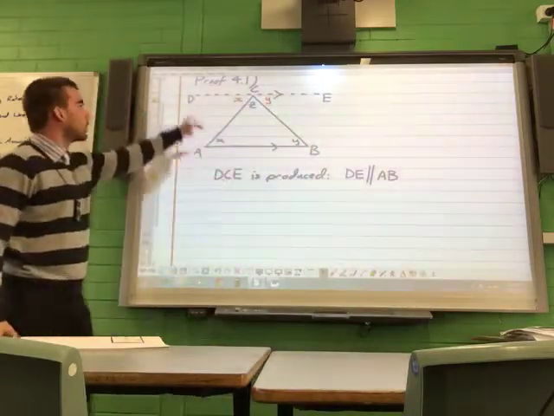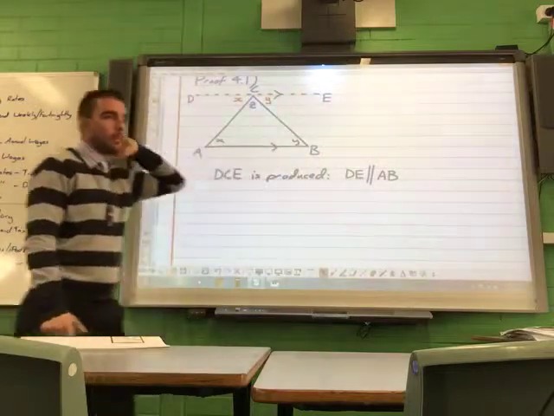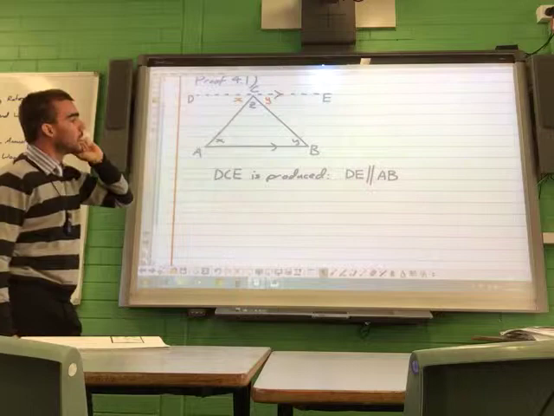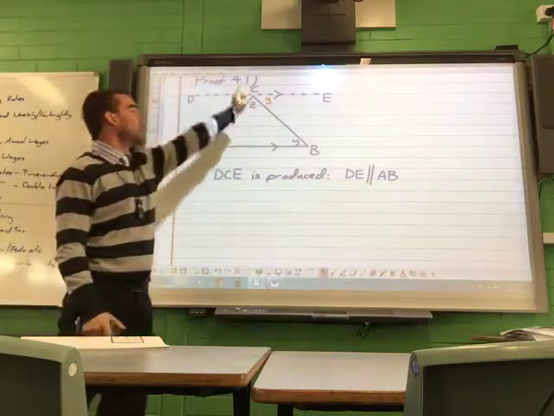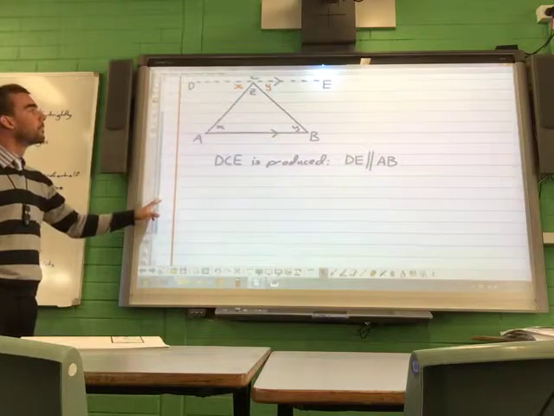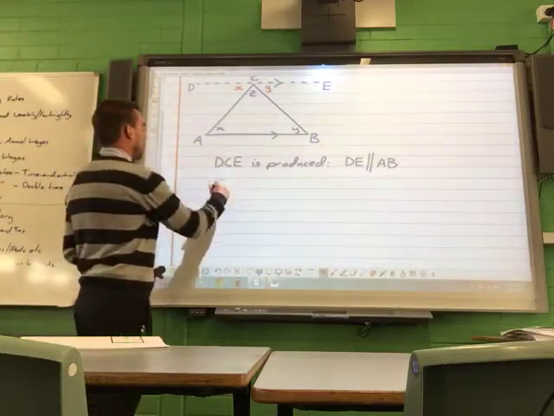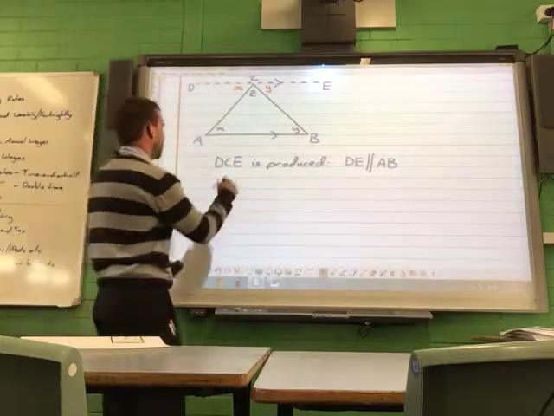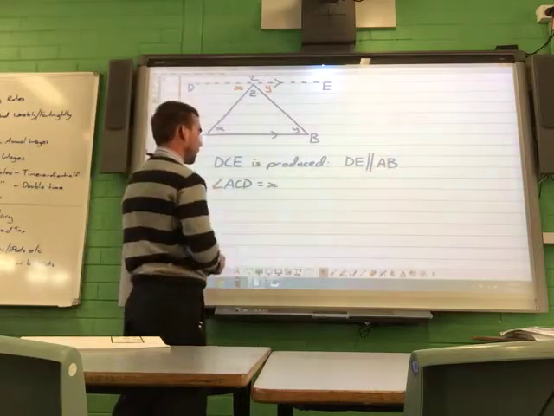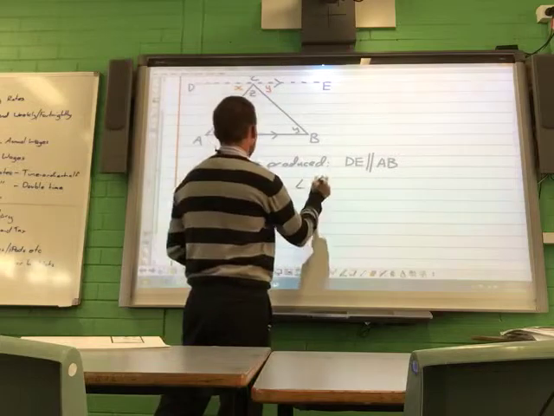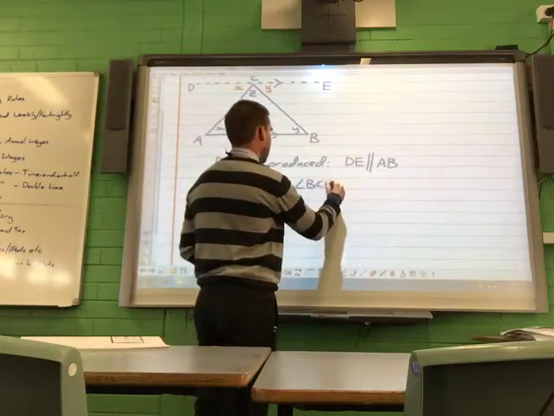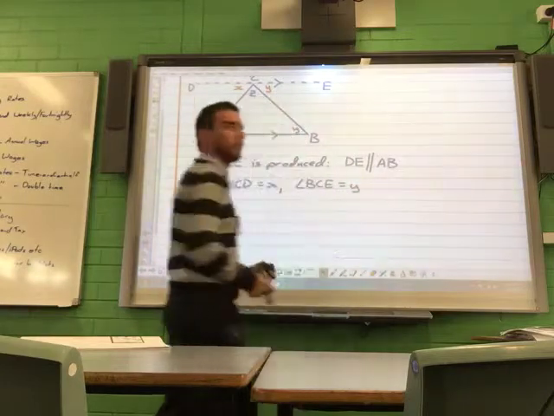So what I've done is I have made that line up the top that goes through the point C, the vertex up the top, extended that line so that it is parallel with the base there. So angle ACD is equal to X, and angle BCE is Y.